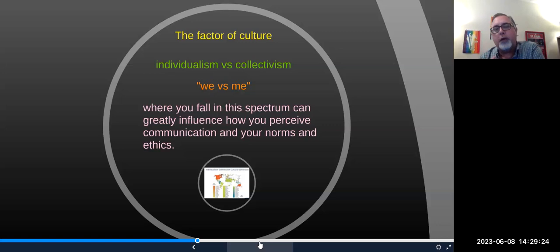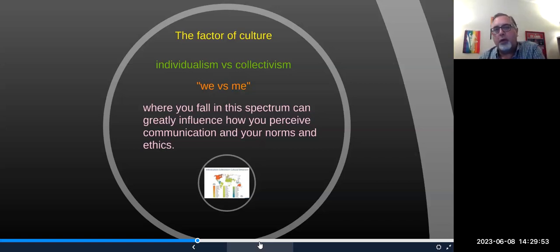It also affects your approach to, okay, here's something I could do for the group, but I'm going to have to maybe lower my personal goals or not achieve my personal goals in order for the group to reach theirs. Typically in the United States, we fight that. Very individualistic societies fight that type of thinking, whereas in collectivistic societies, they view it as it's better for the group. That's what we need to do.